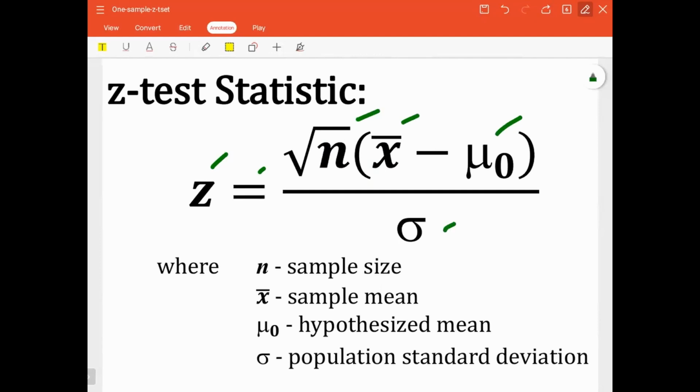So we have here n being the sample size, the total number of respondents in the sample. X bar is the sample mean, then mu null or mu sub 0 is the hypothesized mean. Yung hypothesized mean, ito yung tinetest natin na value. And of course, sigma is the known or given population standard deviation.